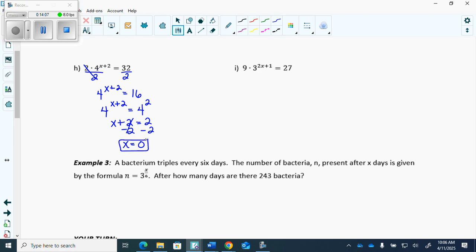That one we could make them all be base 3 and then add exponents. Or I can divide that 9 over because 27 divided by 9 is a legitimate thing that we learned in younger years. So I get 3 to the 2x plus 1 equals 3 to the what?